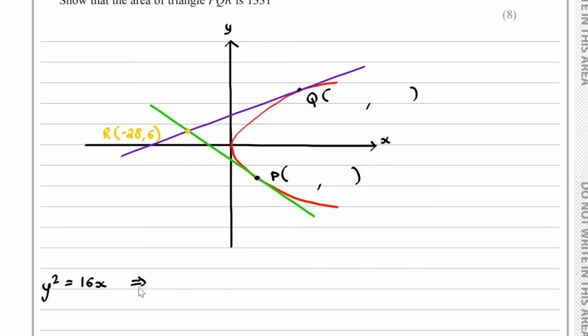From here, it follows that if I differentiate the left hand side using implicit differentiation, we have 2y lots of dy over dx, and on the right hand side, if I differentiate that, we get 16.